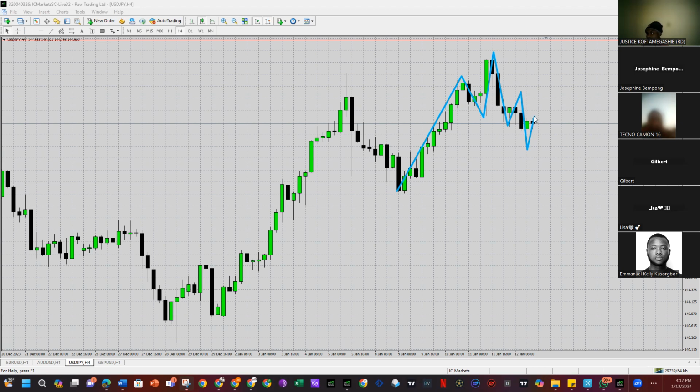And when there is a lower low, lower high, the next candle that should come should be a lower low, which will align with what we are expecting in our monthly time, because our monthly is actually showing us a sell. So if the 4 hour is also showing us a sell, it will be in line with our monthly time frame.